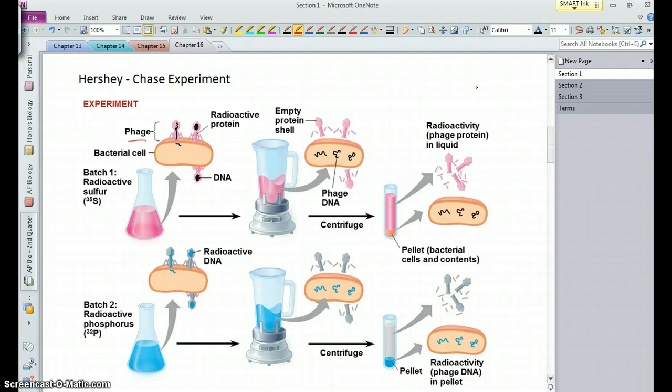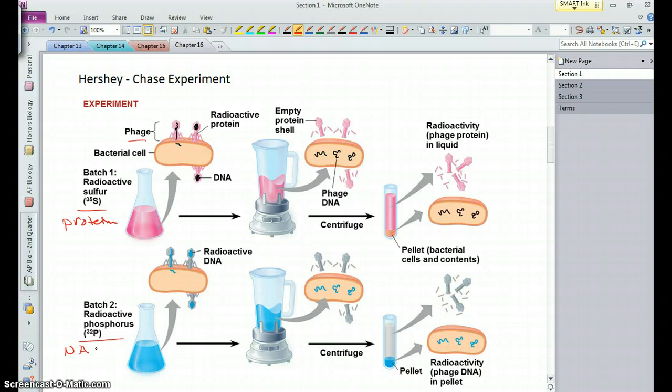So they basically cultured these viruses, one batch in the presence of radioactive sulfur and one batch in the presence of radioactive phosphorus. Now, sulfur is found in proteins, but not nucleic acids, and phosphorus is found in nucleic acids, but not proteins.